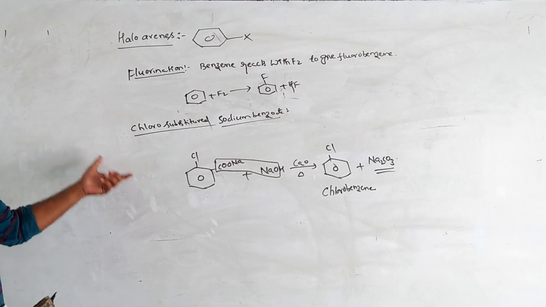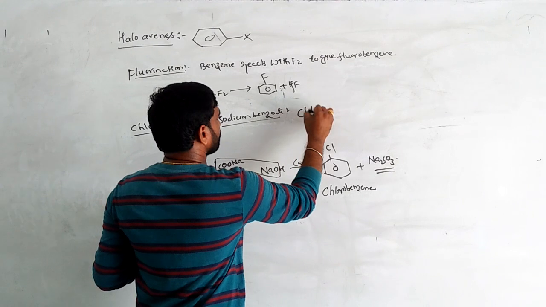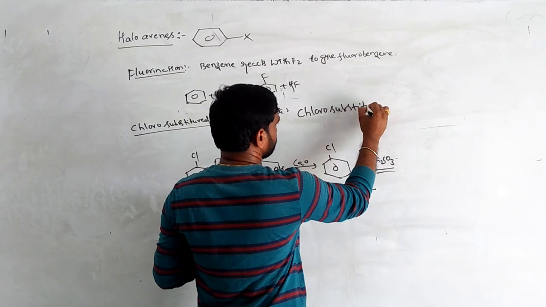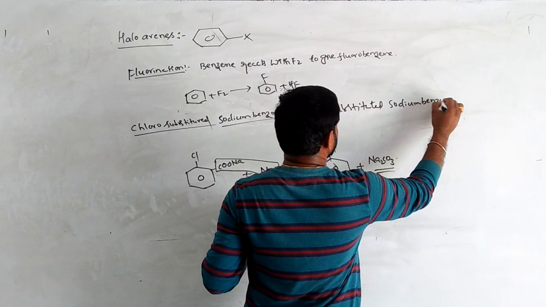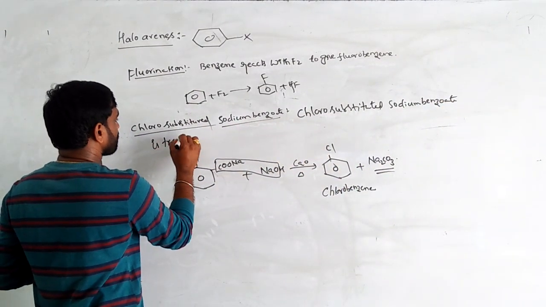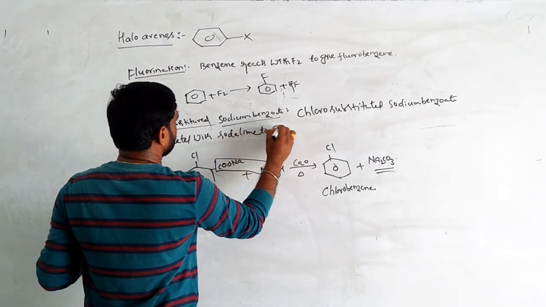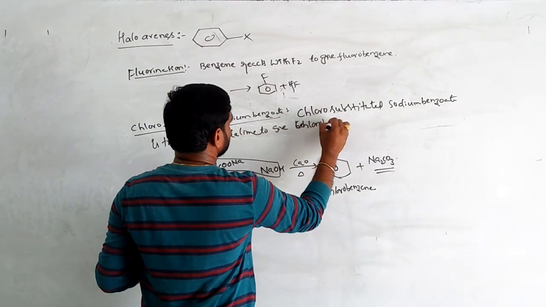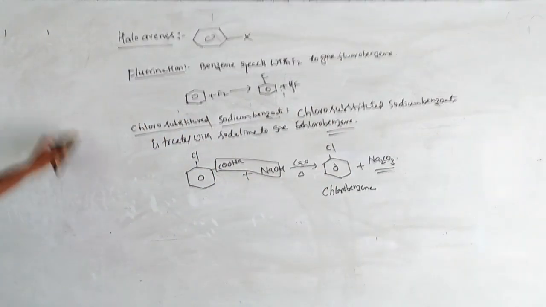Here chloro substituted sodium benzoate is treated with soda lime to give chlorobenzene. These are the preparations of haloarenes.